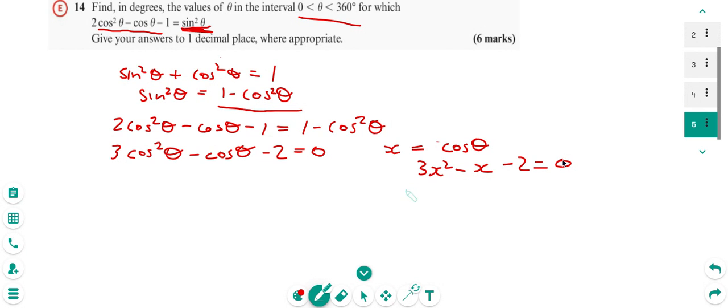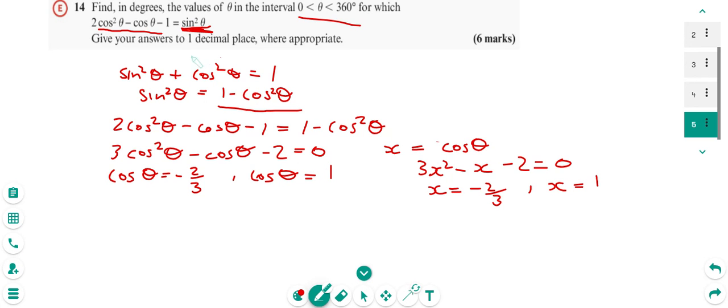And if we put that in our calculators to solve it, what we'll end up with is x is equal to minus 2/3 and also x is equal to 1. So using those two solutions to the quadratic, they're actually values of cos theta. So we've got that cos theta is equal to minus 2/3 and the other one being cos theta equals 1.